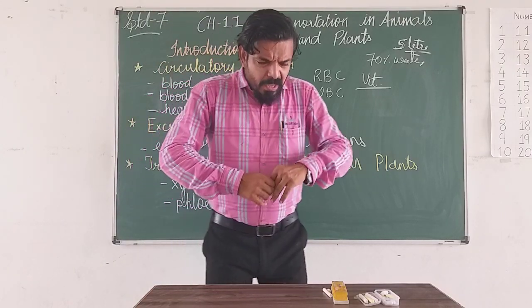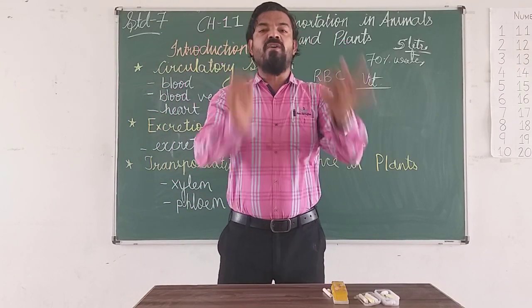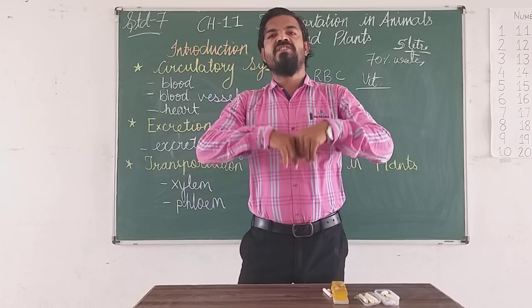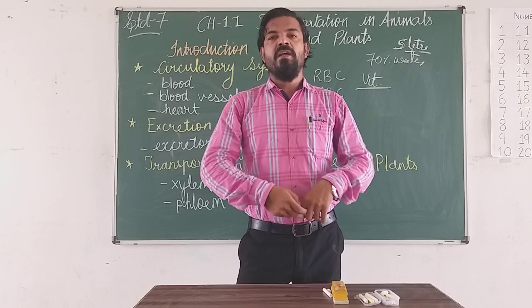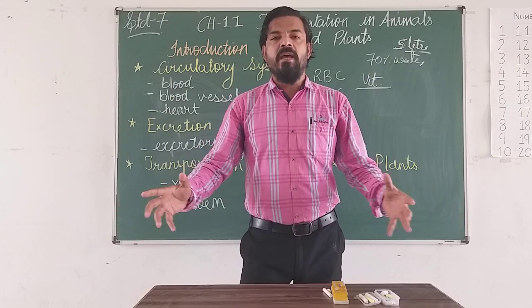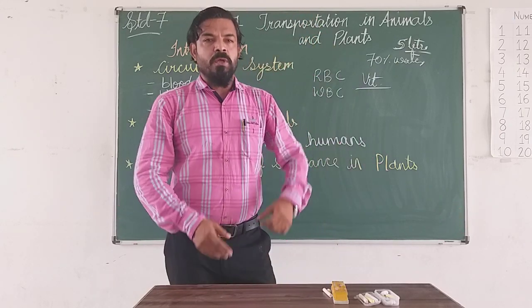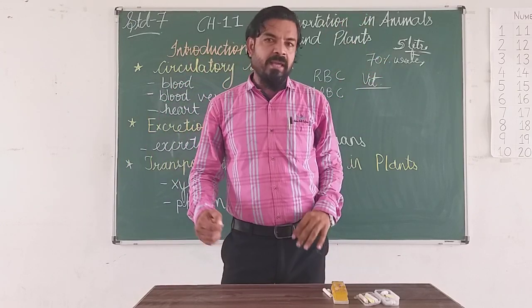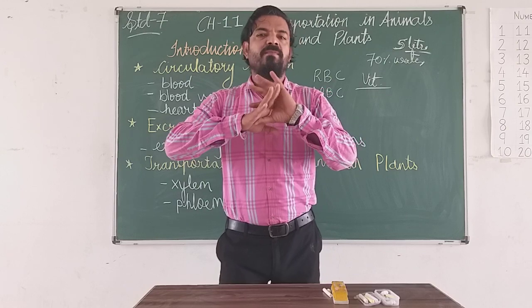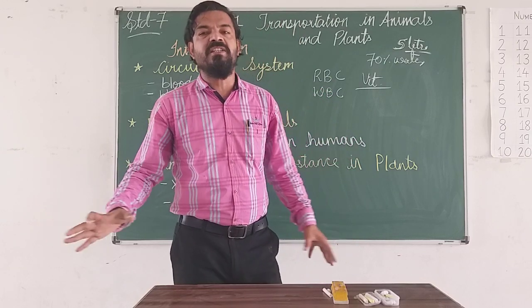Every living organism in this world, whether unicellular or multicellular, has an excretory system, though they have different parts to excrete. Every living organism doesn't have the same excretory system.